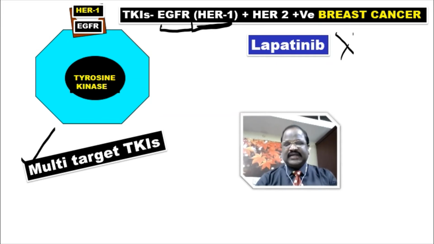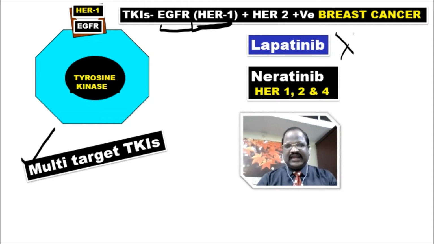A tyrosine kinase inhibitor useful for treatment of HER1 and HER2 positive breast cancer, think of lapatinib. And one more newer drug we have, that drug is called neratinib. Neratinib is a tyrosine kinase enzyme blocker useful for treatment of HER1, HER2 as well as HER4 receptor positive breast cancer. So remember, what are the tyrosine kinase enzyme blockers useful for breast cancer? Think of lapatinib and one more drug called neratinib.